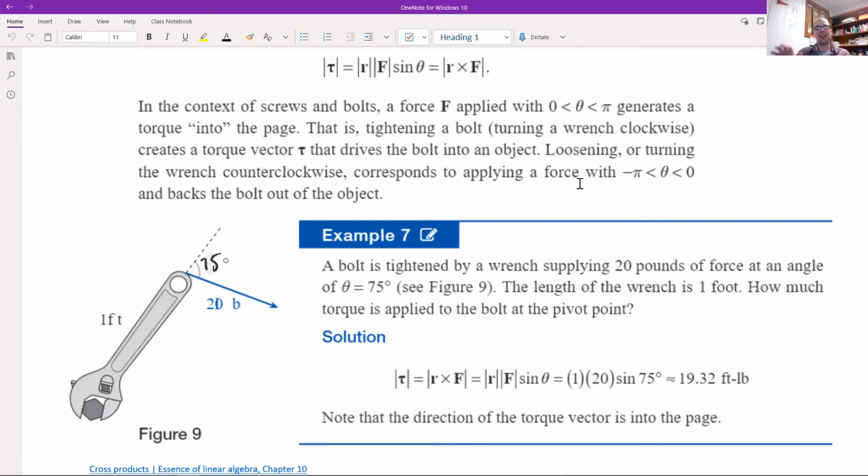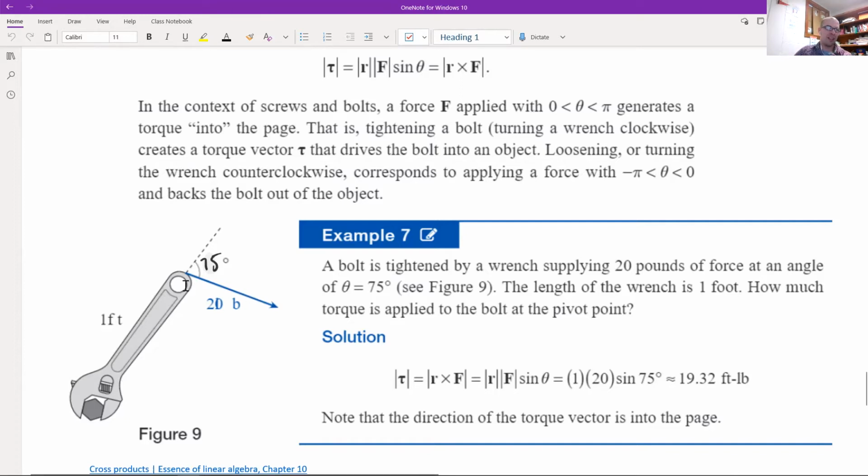So we're working in the plane of U and V, but the action that's happening to the bolt is perpendicular to that. So that's cool. And this is what that math looks like. We've got a 1-foot wrench. We have a force of 20 pounds being applied in a direction that's 75 degrees.